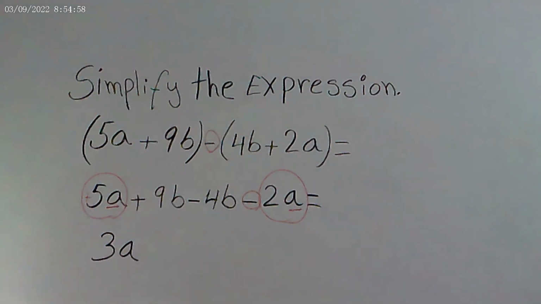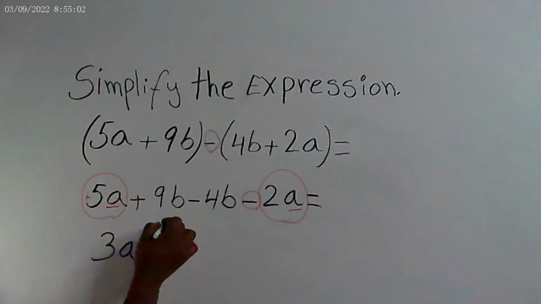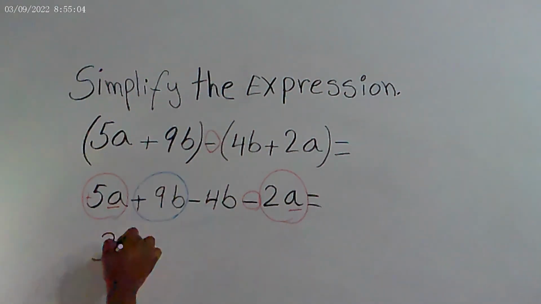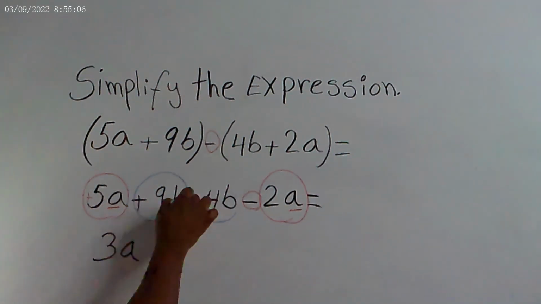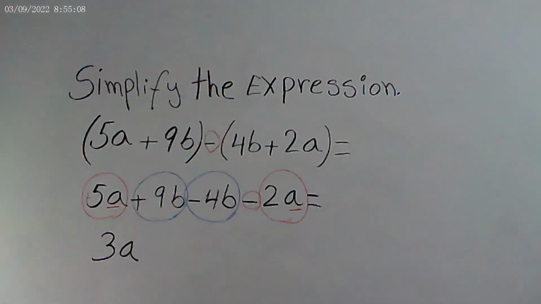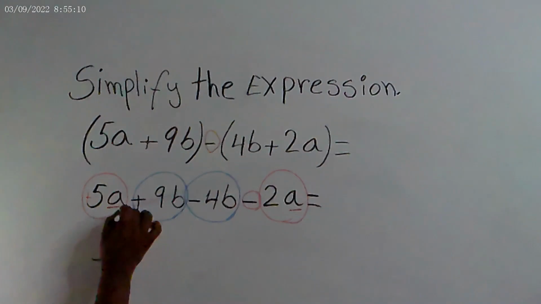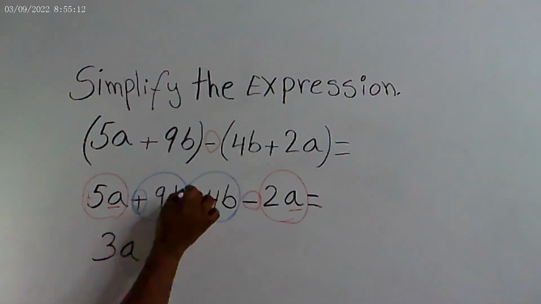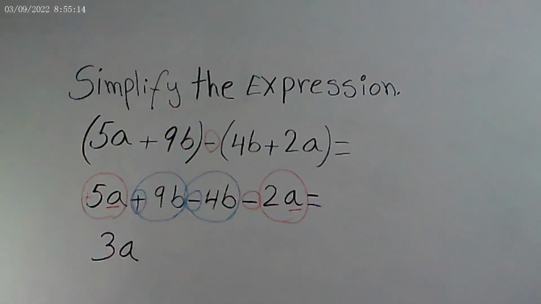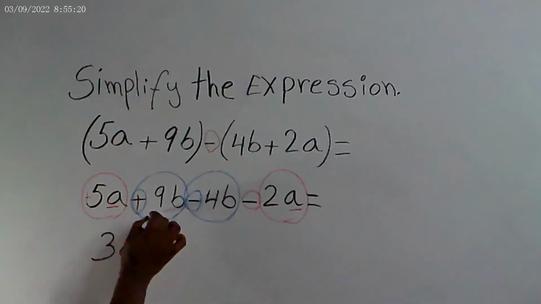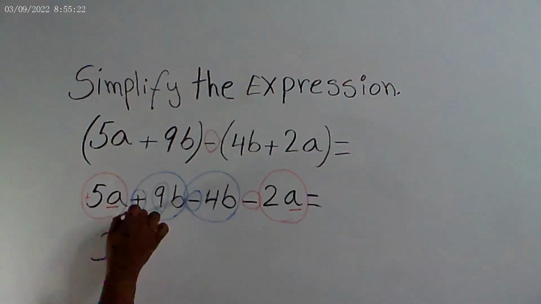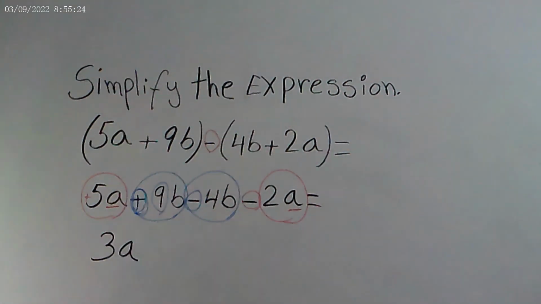So the next one, we have plus 9B, and here you have minus 4B. Because the signs are different, you're doing subtraction and you keep the sign of the biggest number. The biggest number is 9. The sign in front of 9 is plus, so you keep the plus sign.